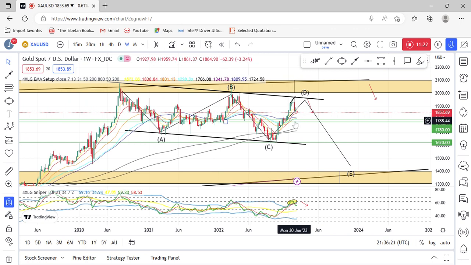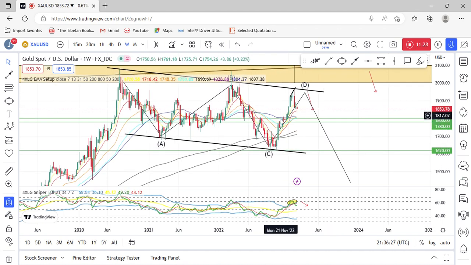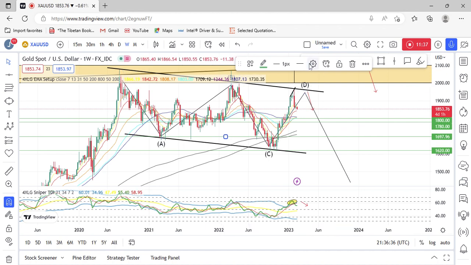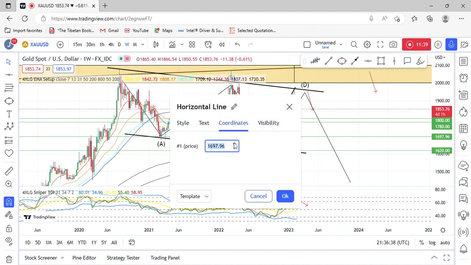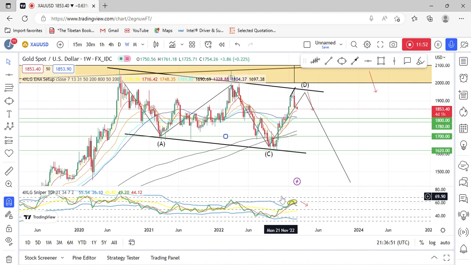So there we have our support zone around 1,800 and also 1,780. As you can see, the prices over here. This being also the last level. Another price, 1,700.